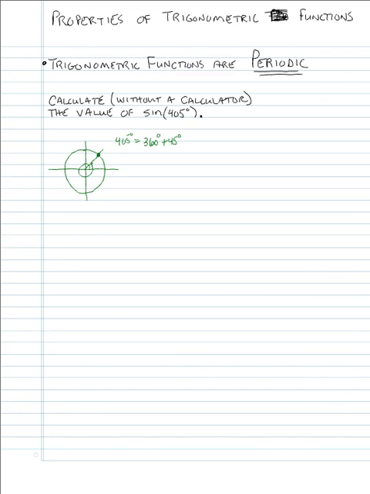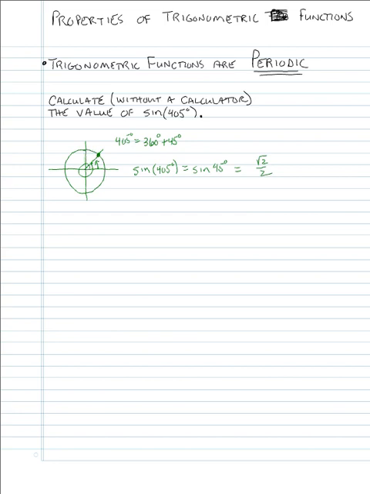Now, the fact that we went more, and that's this angle right here only, not going all the way around, is the 45 degrees, isn't it? And so what we see is that the sine of 405 degrees is actually going to be the same as the sine of 45 degrees. When we recognize that, of course, then we know that that's the square root of 2 over 2, don't we?